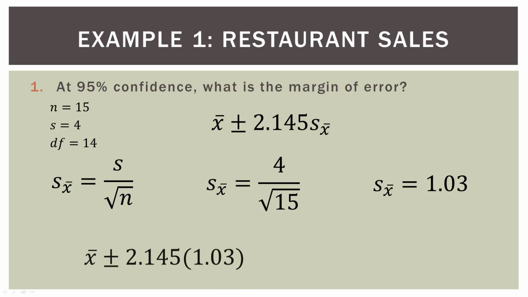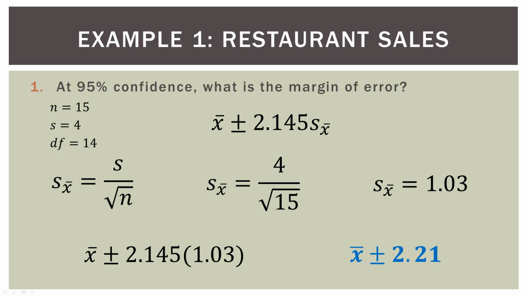So we can substitute that in to our margin of error there at the top. So now we have x bar plus or minus 2.145 times 1.03. So that gives us a margin of error of x bar, the sample mean, plus or minus 2.21. And that's how we find the margin of error for this type of problem.